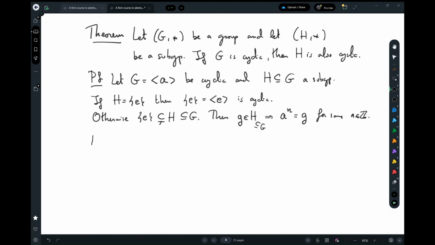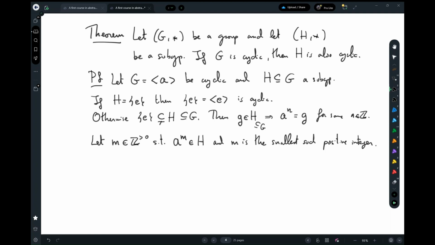So what I'm going to define, I'm going to let m be a positive integer such that a to the m is in H, and it's in fact the smallest such positive integer.